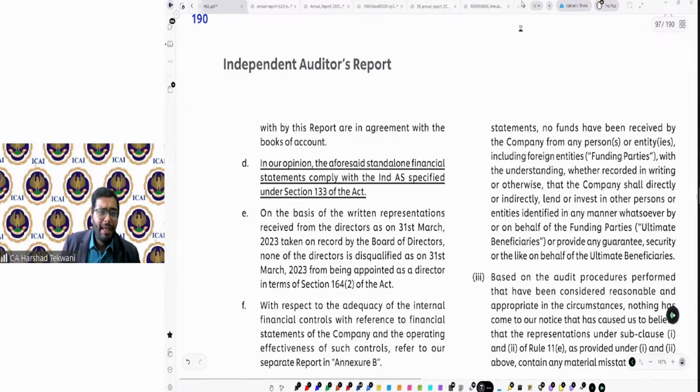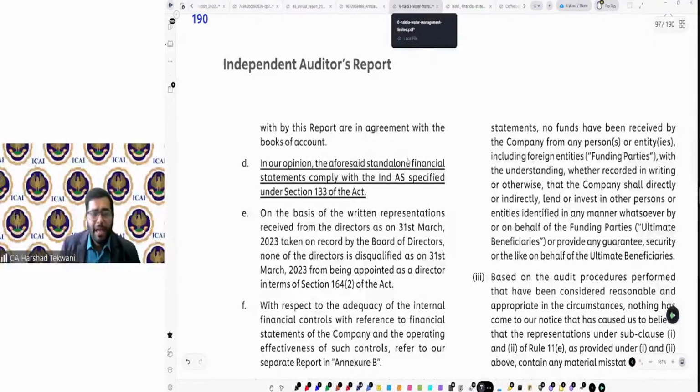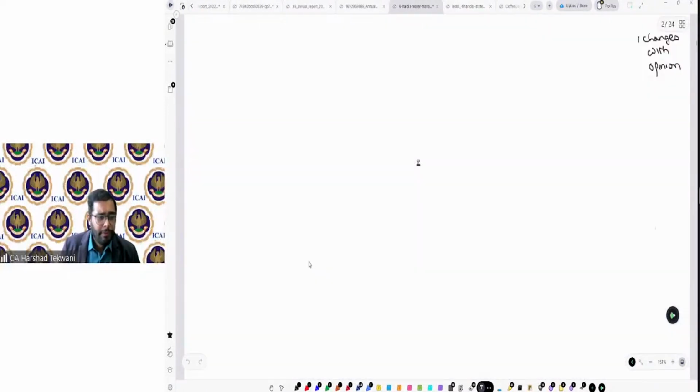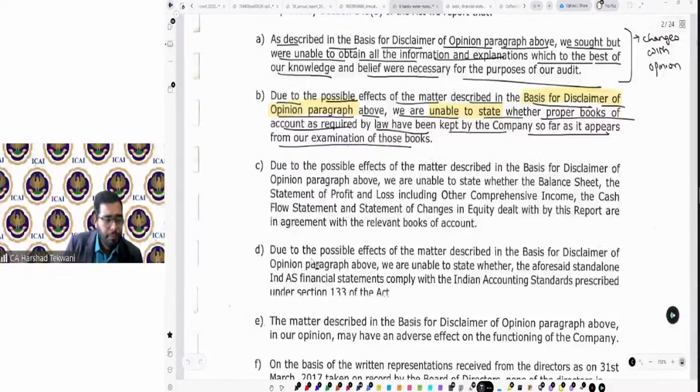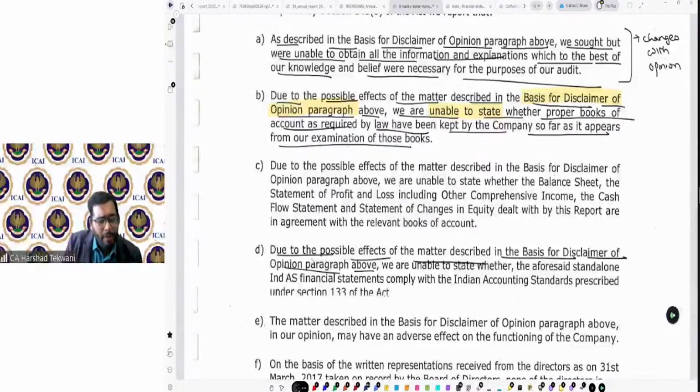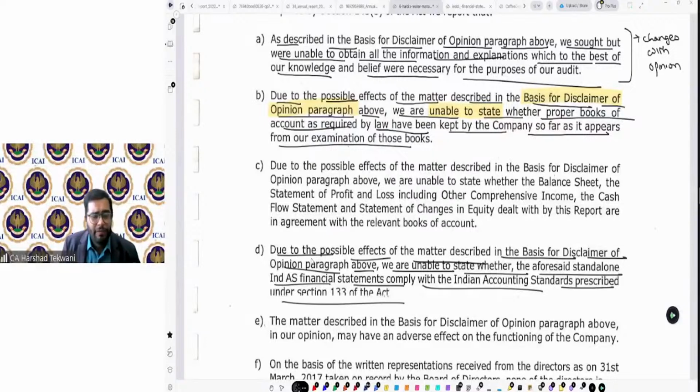If they are not complying, like in a disclaimer of opinion, if there's an issue, what they will write is that they are not sure. See, due to possible effects of the matter described in the basis for disclaimer of opinion paragraph above, we are unable to state whether the aforesaid standalone Ind AS financial statements comply with the Ind AS prescribed under section 133 of the Act.